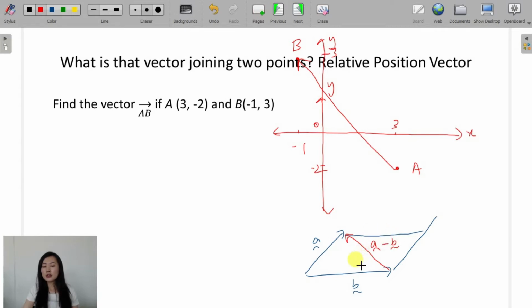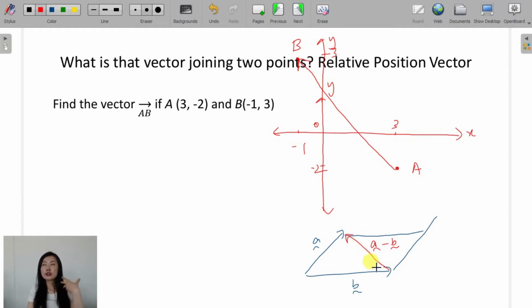So notice that this red arrow sits on two arrows that are attached at the tail and both pointing away from where they meet, right? So this is often the pattern you look for when it comes to subtraction vectors. If you have two vectors adjacent to each other pointing away from the tail end, you're looking at a subtraction vector.